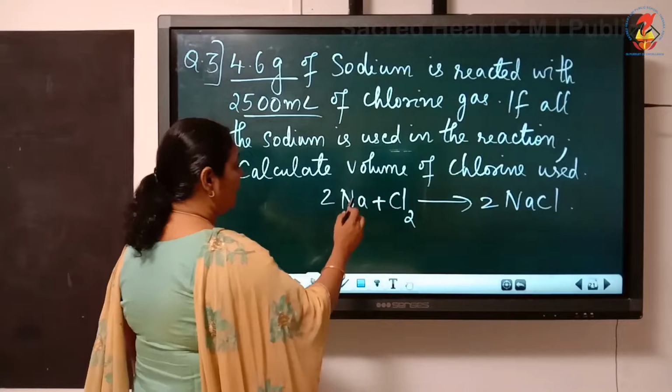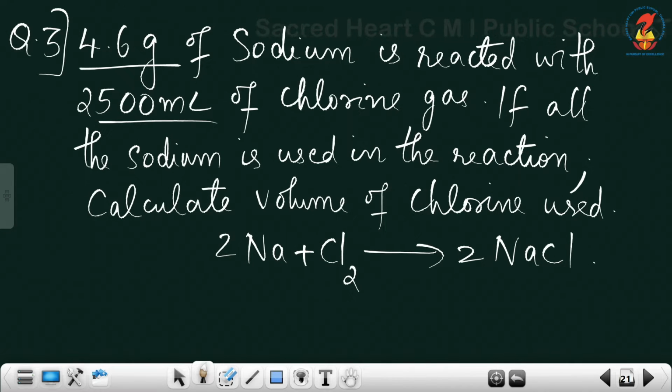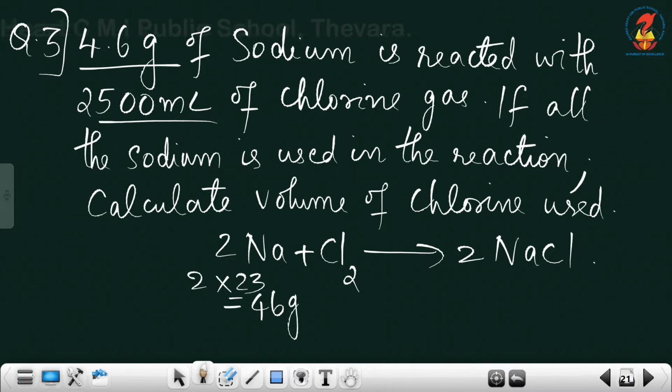Sodium atomic mass is 23. We have 2 atoms of sodium, so 2 into 23 which is equal to 46 gram of sodium will react with 1 mole of chlorine gas, because the stoichiometric coefficient here is 1. We know that 1 mole of any gas occupies 22.4 liters.